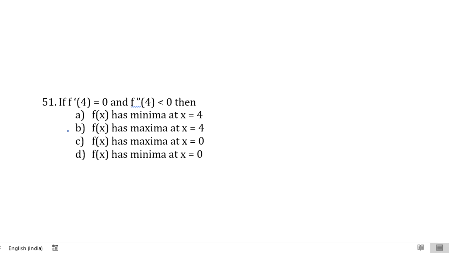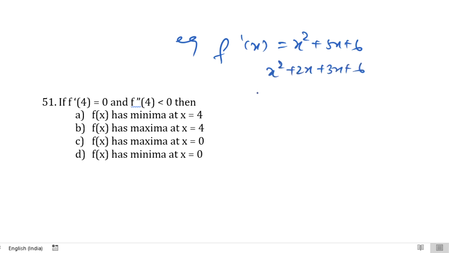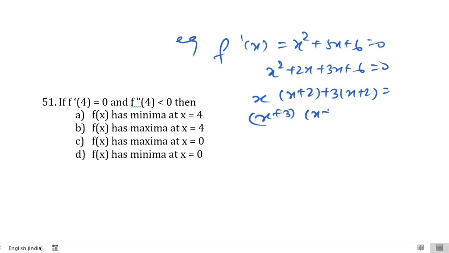So let's take a simple example. If I am getting f dash x, for example, equal to x square plus 5x plus 6, correct? So when I simplify, I get x square plus 2x plus 3x plus 6, which is x into x plus 2 plus 3 into x plus 2. So I'm getting x plus 3 into x plus 2 equal to 0. So I'm getting x equal to minus 3 and x equal to minus 2.